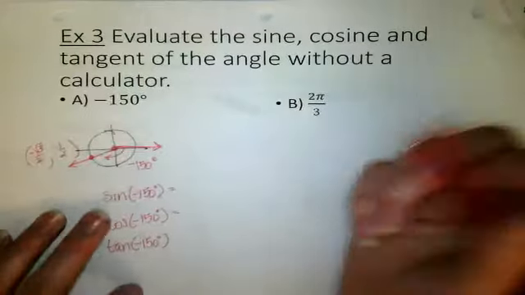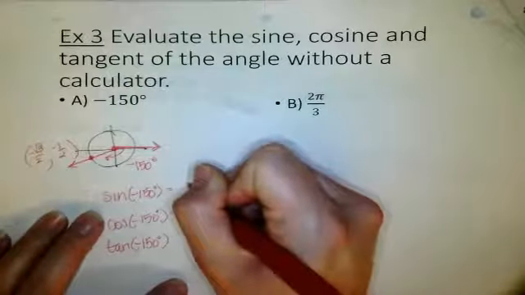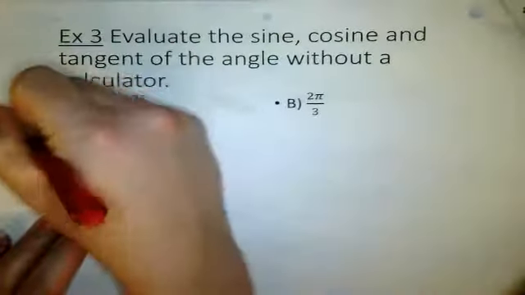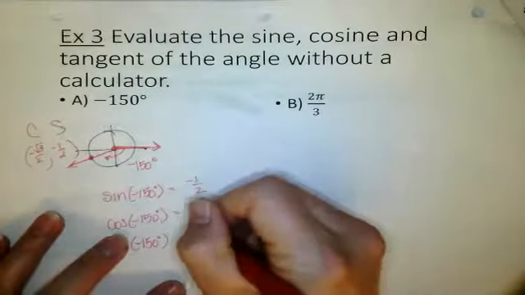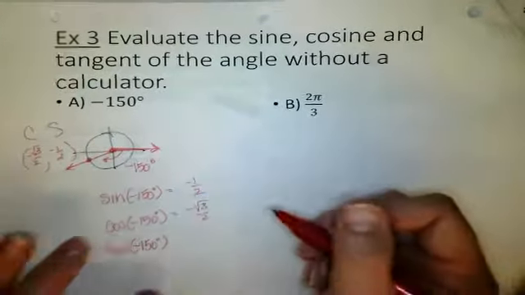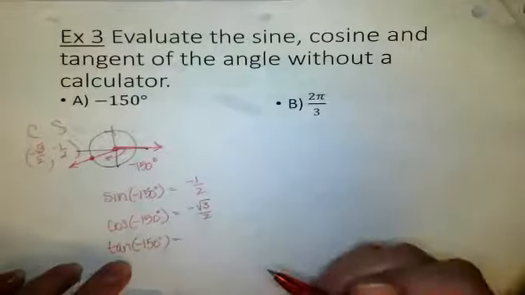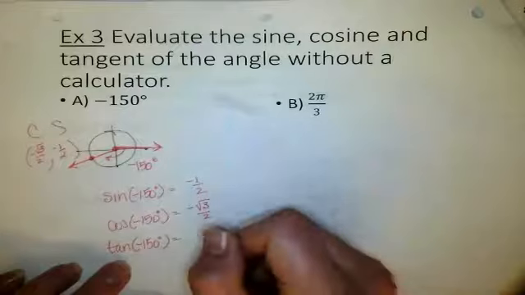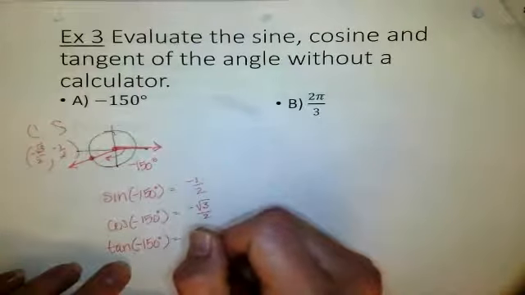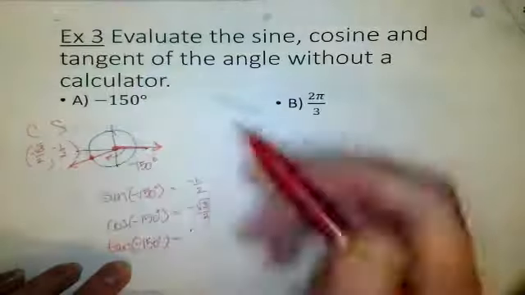So sine of that angle is going to be what? Negative 1/2. Very good. Cosine, sine. Cosine will be negative radical 3 over 2. And tangent, how do we find tangent? Tangent is opposite over adjacent, but I don't have those legs labeled.